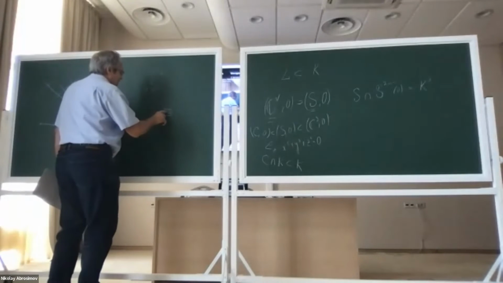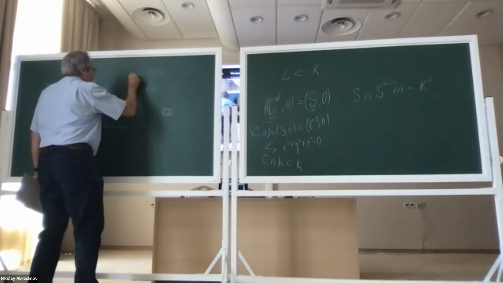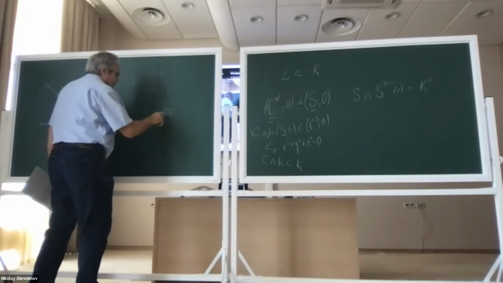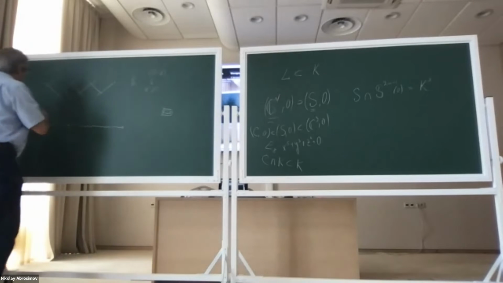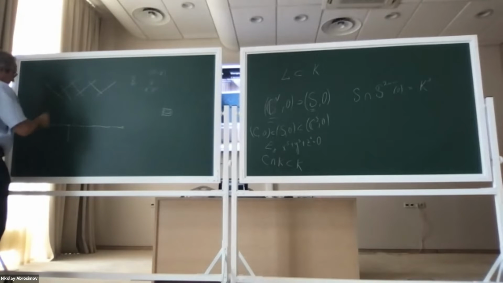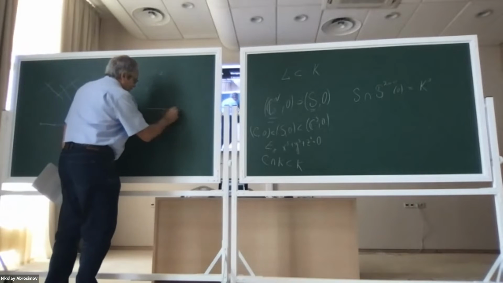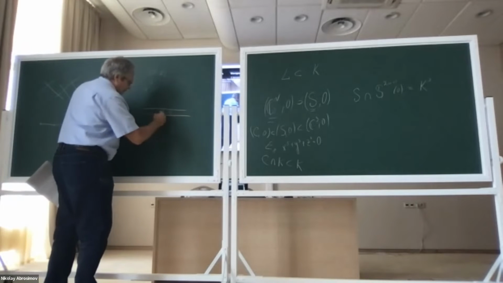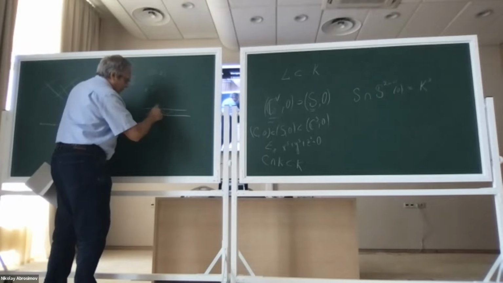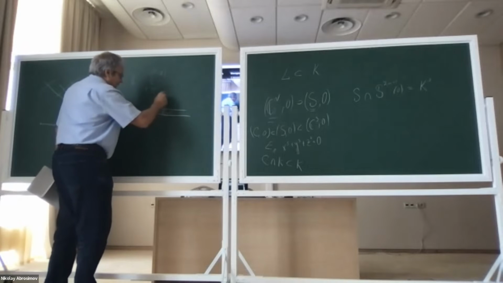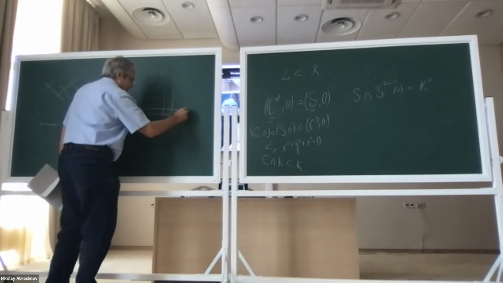But now I said that we have to take 8 copies of that, and then you have to glue them in the following way. You glue first with the second, second with the third, third with the fourth. So this is a line, and this also with this. You take 3 points where you glue them together. You take one copy in this small neighborhood of the product of 2 disks, and glue with the other one, which is here.